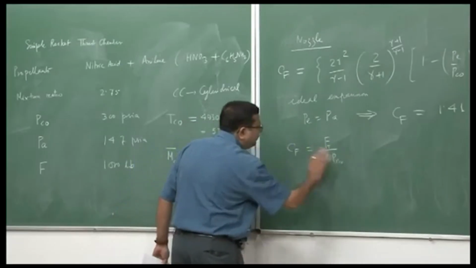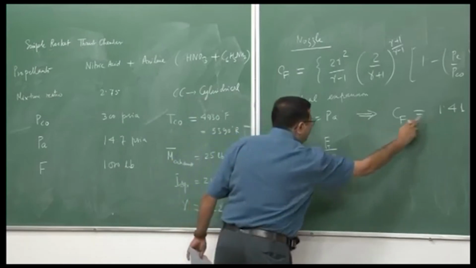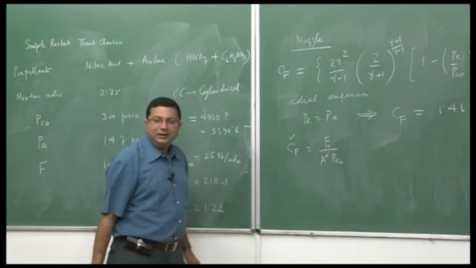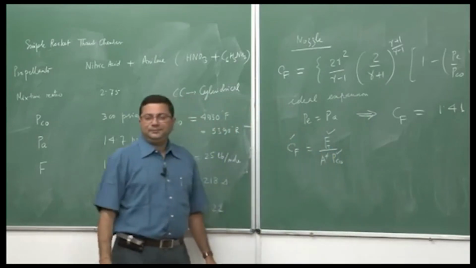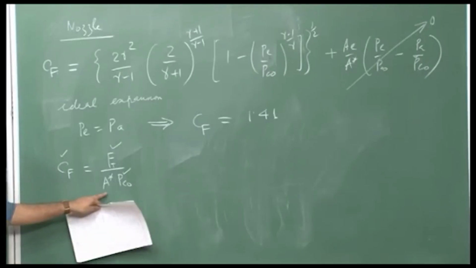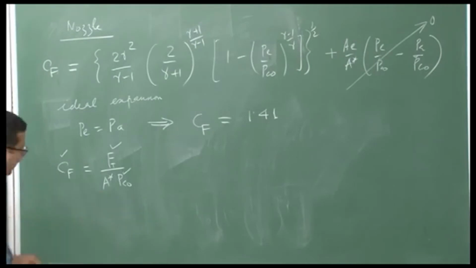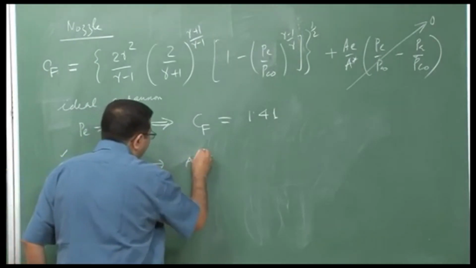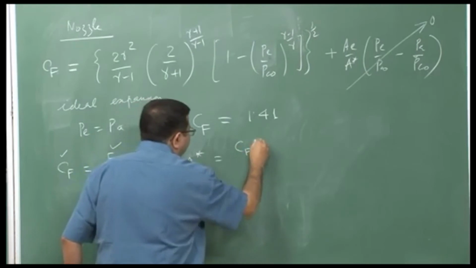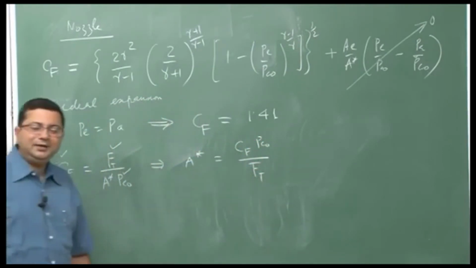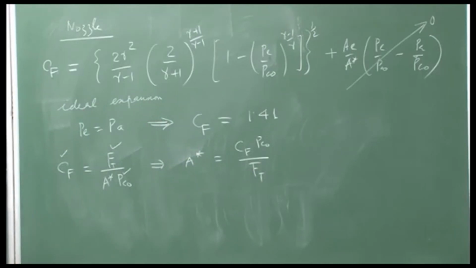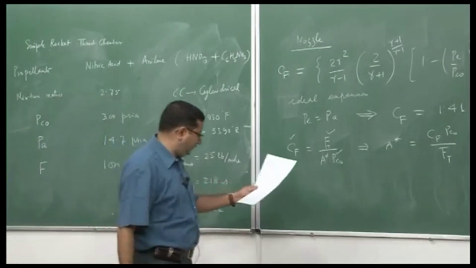Now, let us look at this equation. The thrust coefficient I have estimated already. The thrust is given, the stagnation pressure is given. So, the only unknown in this equation is A star, the throat area. So, I can solve for the throat area from here. Now, the values are given, so I can directly solve for this.